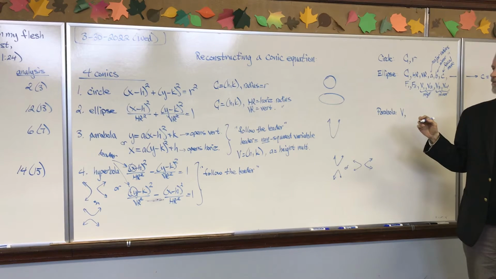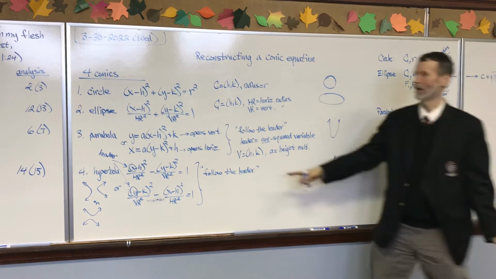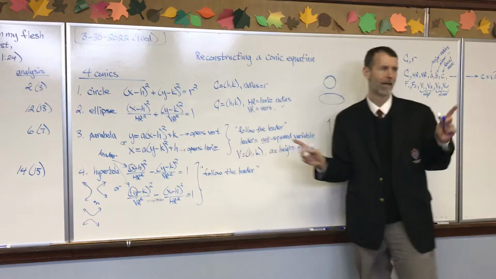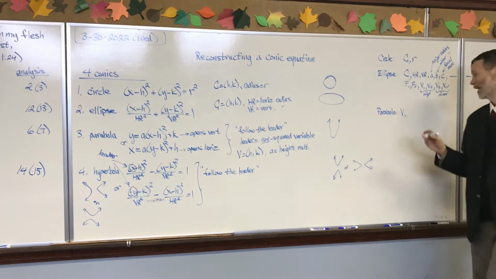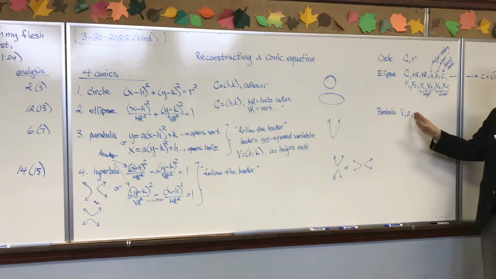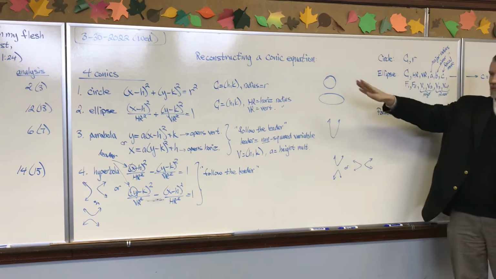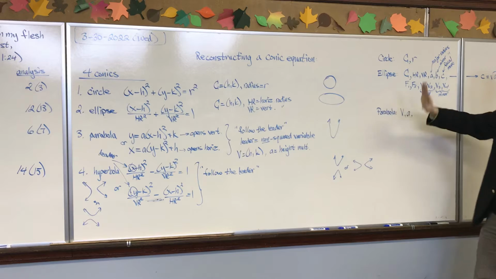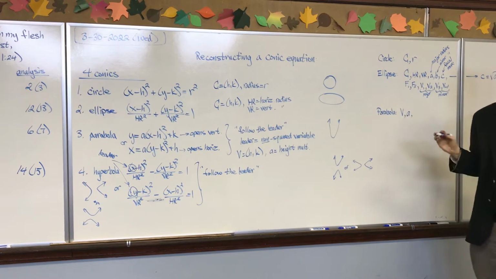One of the letters. Yes, height multiplier. So it's A. By the way, A is not the same thing as A in ellipse and hyperbola, because it doesn't have radii.